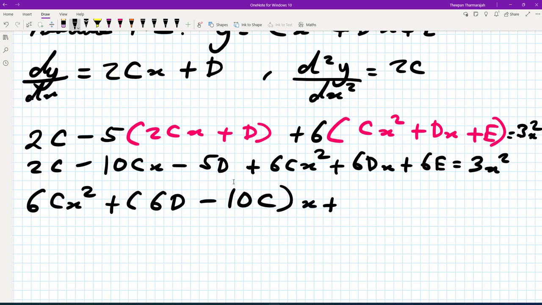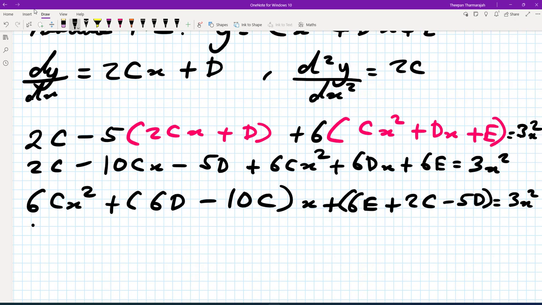Now with my constant terms, I've got 6e, which is here, I've got a plus 2c, and I've also got a minus 5d. Now all of that is equal to 3x squared. Now that I've grouped all the terms together, it's going to make the equating of coefficients a lot easier.